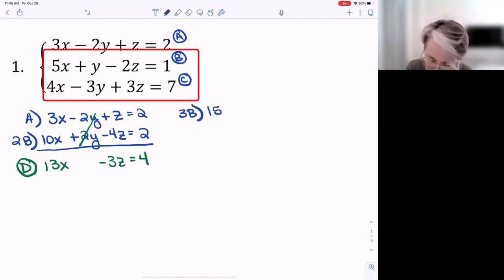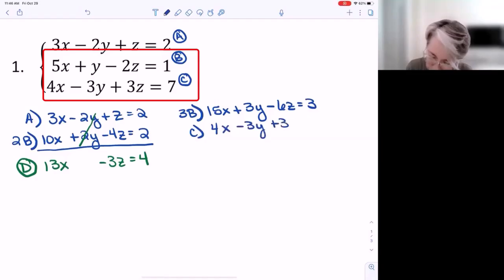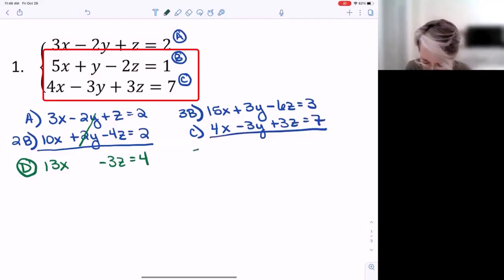That will give us 15x plus 3y minus 6z equals 3. And we'll leave C as it is, 4x minus 3y plus 3z equals 7. When we add these two equations together, we'll call that result equation E. We get 19x, our y's add up to 0, minus 3z equals 10.